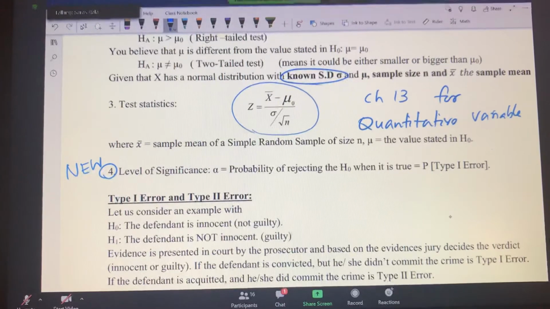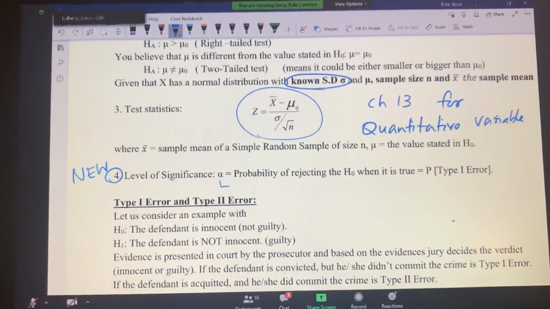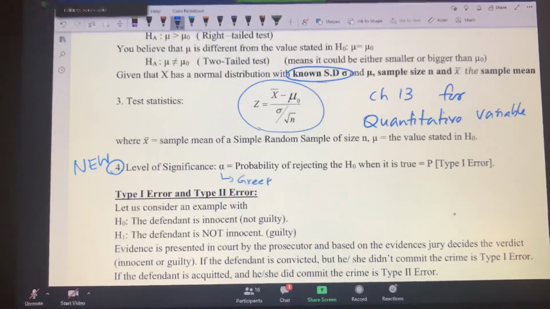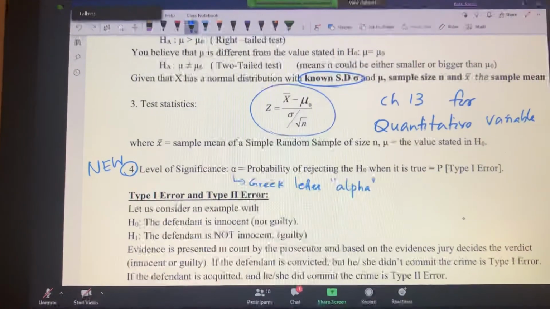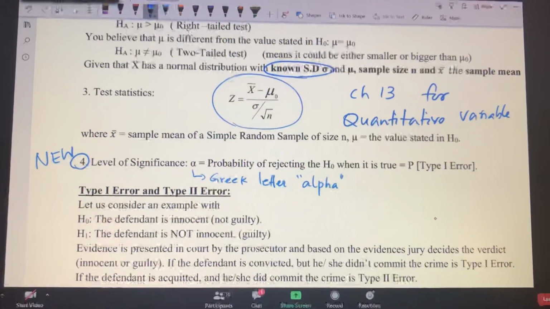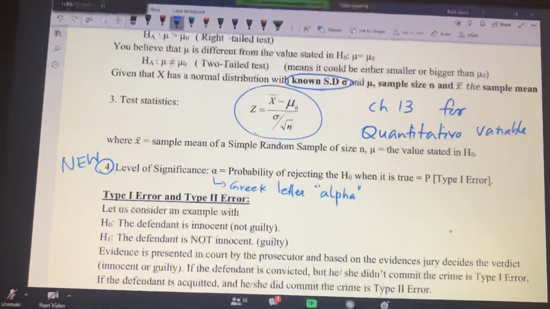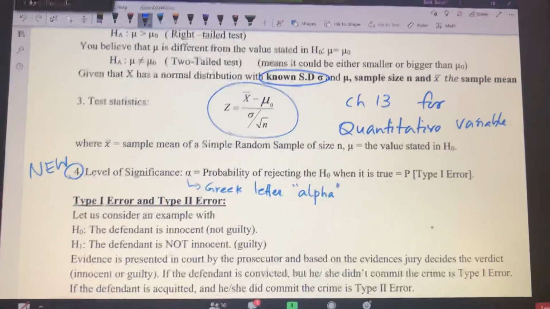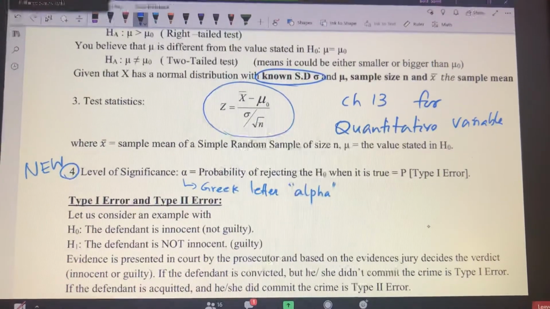This is again a Greek letter, and this is called alpha. Alpha is defined as the probability of rejecting the null hypothesis when it is true, and otherwise it is called the type 1 error.